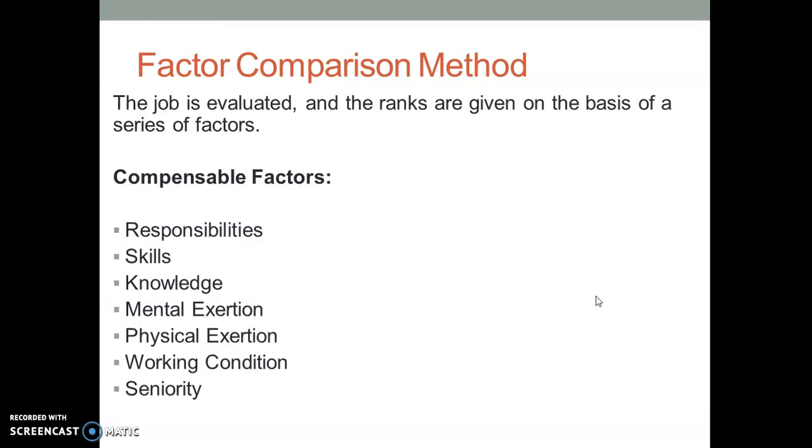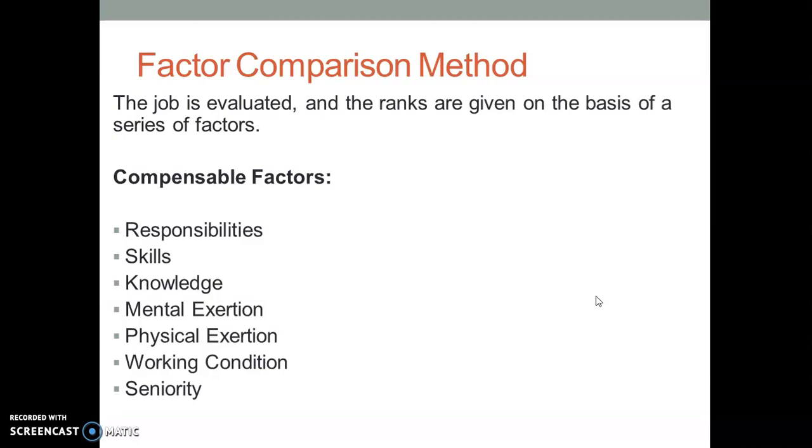At a managerial level, there might be less physical exertion but more mental exertion, whereas it may be the opposite in the case of a worker, where the physical exertion may be higher and mental exertion lesser. So according to the worth of different compensable factors, the compensation package is decided or wage is determined, or we can say the internal worth can be determined.